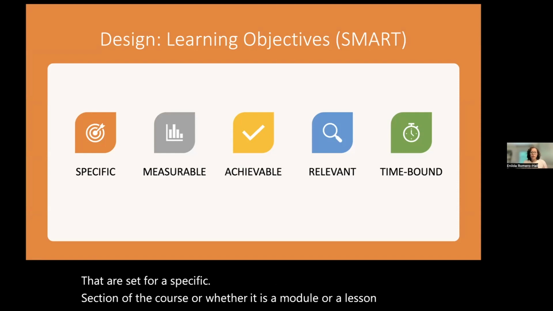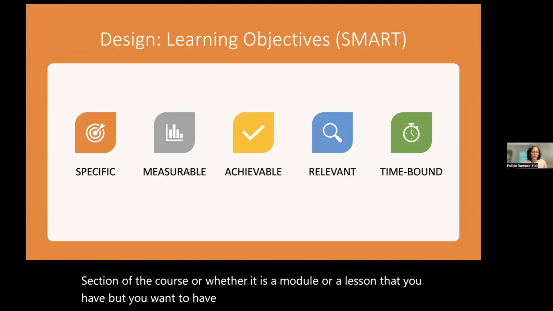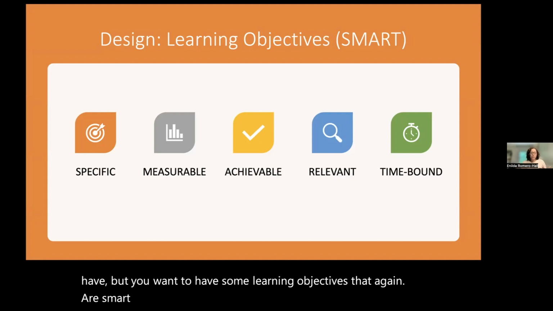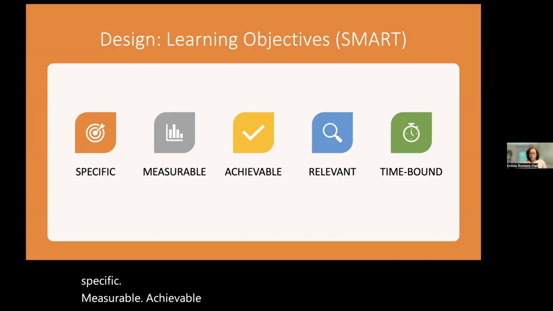But you want to have learning objectives that, again, are SMART. And SMART refers to learning objectives that are specific, measurable, achievable, relevant, and time-bound.